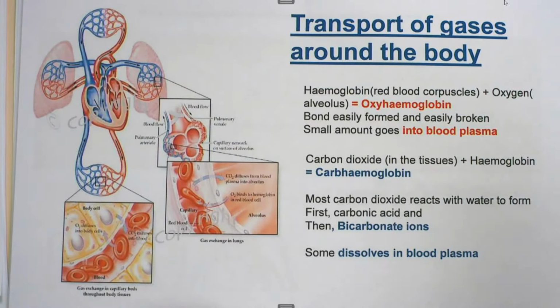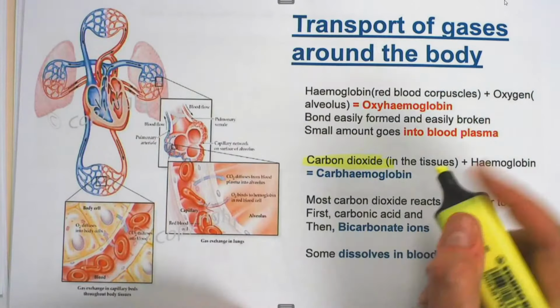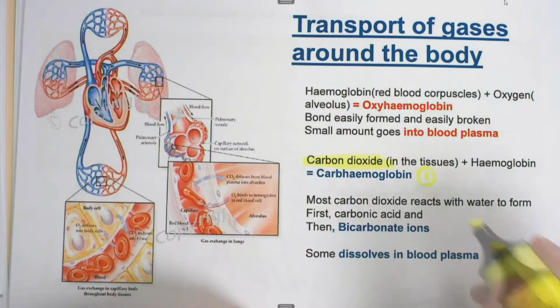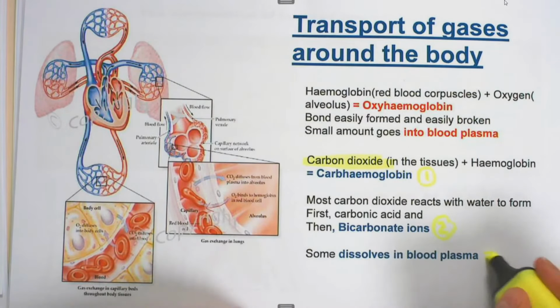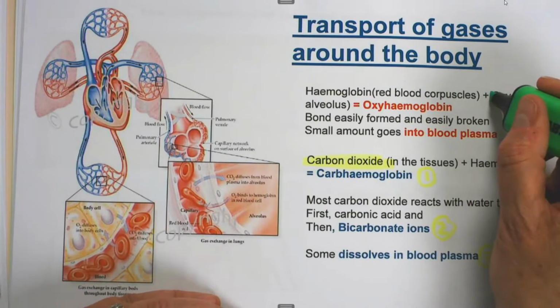So when it comes to CO2 gas, let me do this so that you can see. CO2 gas will be transported one way as carbaminohemoglobin, the second way as bicarbonate ions, and the third way it dissolves in the blood plasma, the normal blood parts. Okay. Now, when it comes to the oxygen, here we have our oxygen.